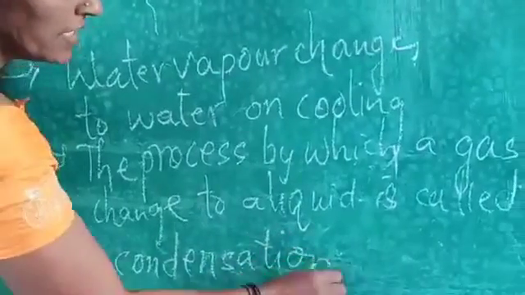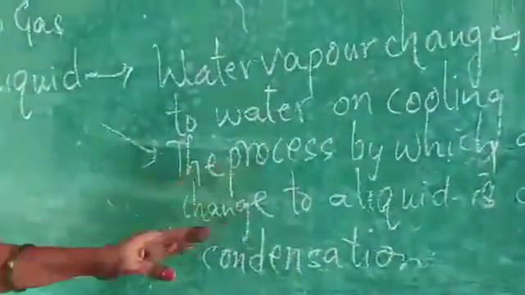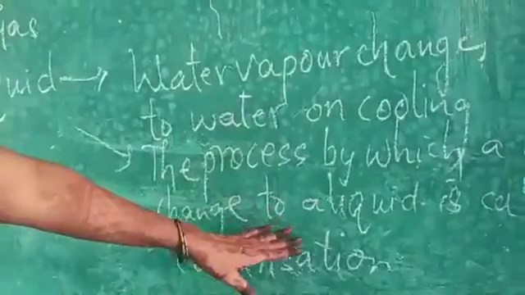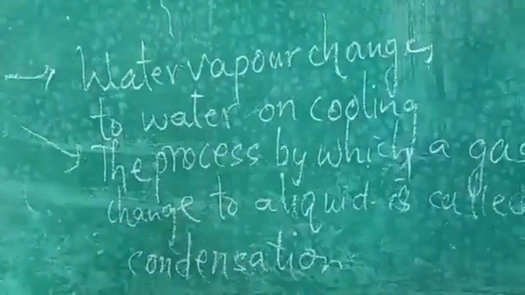What is known as condensation, beta? The process by which a gas changes to a liquid is called condensation.